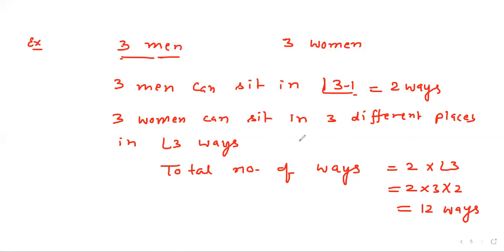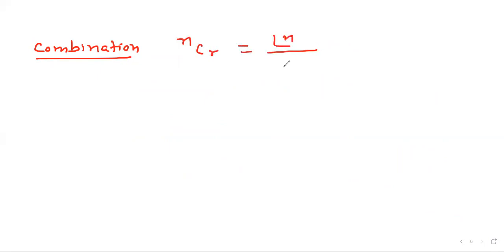Now, let's see the concept of combination. Combination is written as nCr, which is equal to factorial n divided by factorial n minus r times factorial r.